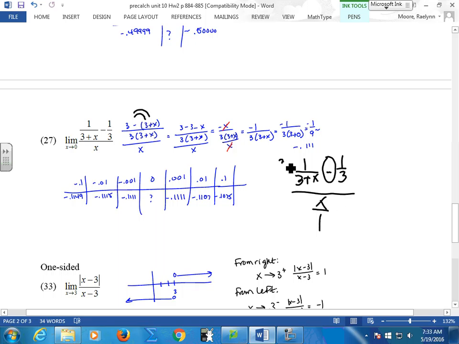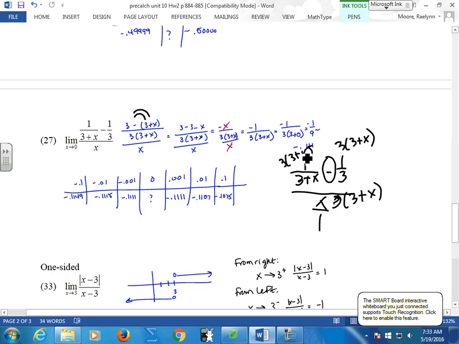So I'm going to multiply by 3 times 3 plus x. Okay, so this is coming out. So you're getting 3 minus, be careful of that negative sign.